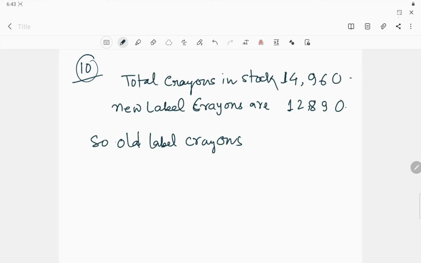So the company has 14,960 crayons in total, and 12,890 new label crayons, and to find out the old label crayons in stock, you have to do subtraction.